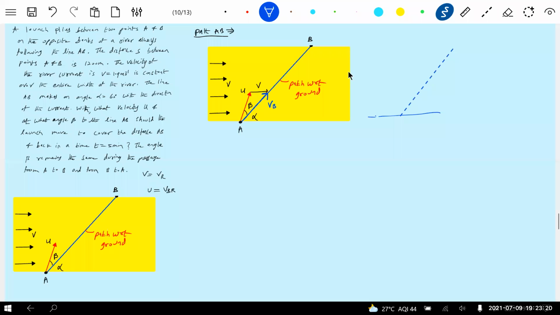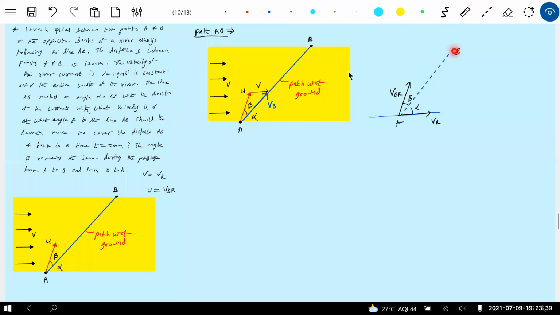How is the velocity of the boat with respect to the river? It was like this. Velocity of the river in this direction, and this was making beta. The river current was making an angle alpha with the path. Then what is the basic condition? The resultant velocity of the boat should be along path AB.